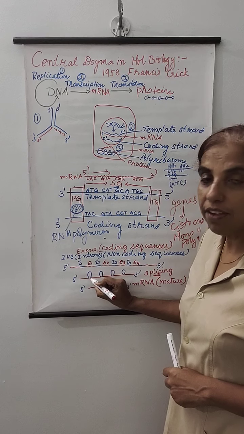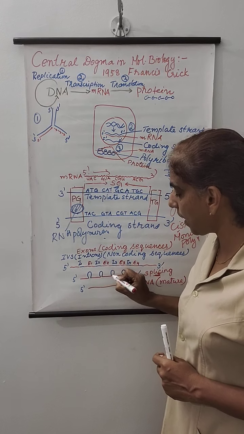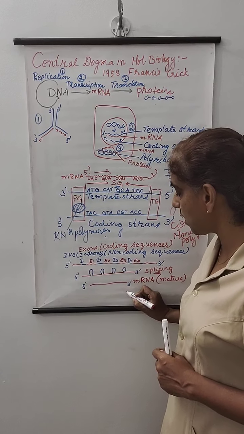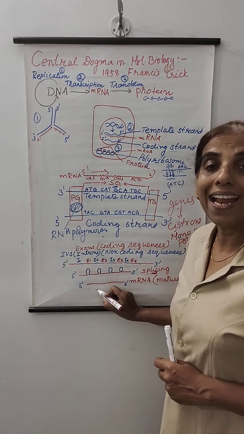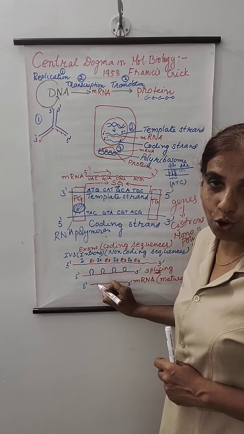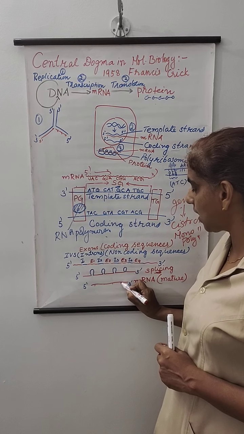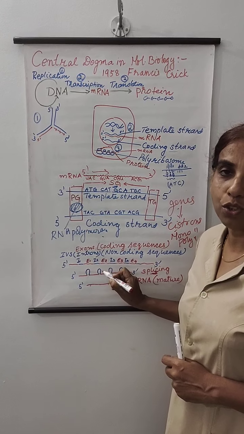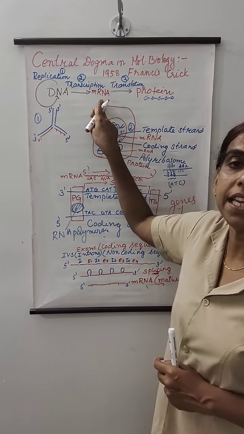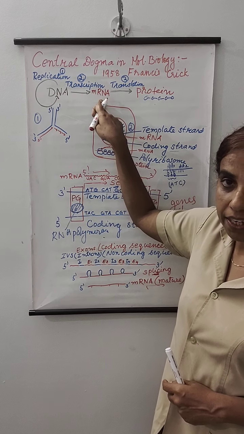These loops will finally be pinched out, that means separated out, and the final mature messenger RNA is formed at the end of this splicing with only exons. Here exon 1, exon 2, exon 3 and exon 4. No more introns. So the final messenger RNA we have made is this mature messenger RNA.